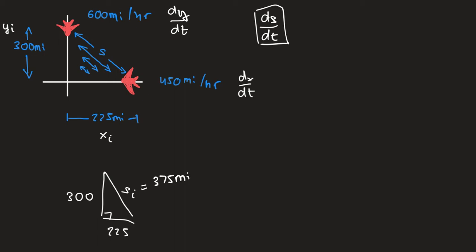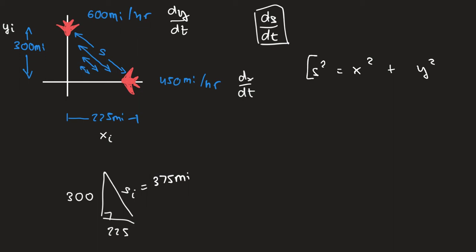With that solved, we can now find the rate at which s is changing. The way that we would do that is we would take the derivative of the Pythagorean theorem formula. So s squared is equal to x squared plus y squared.